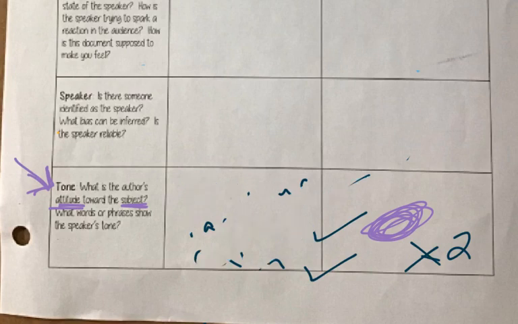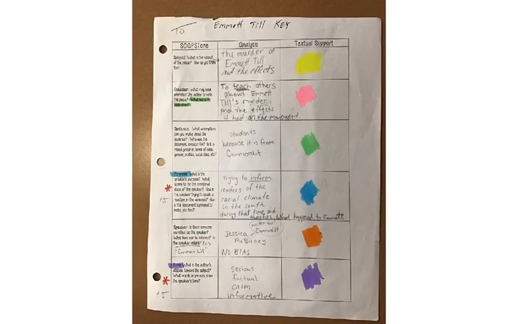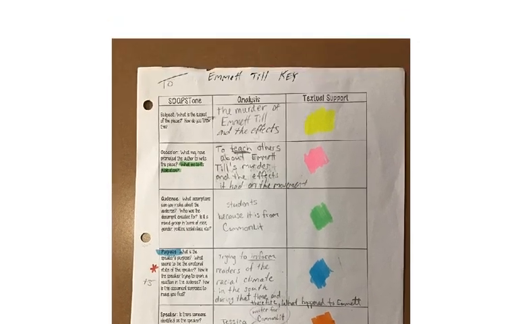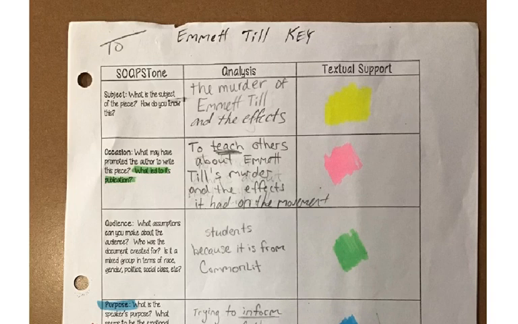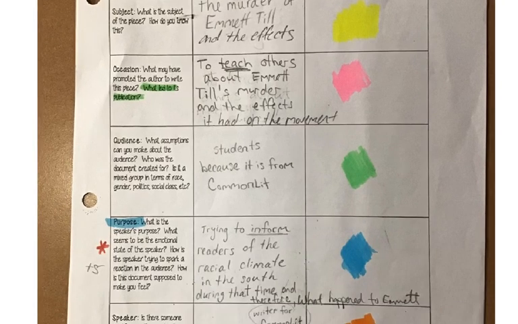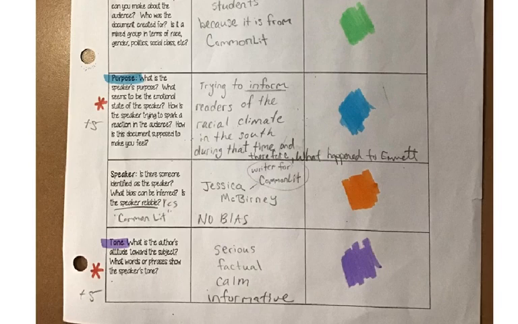We have discussed, basically, I'll show you my answer key that's in my handwriting. We have discussed the subject. This is in review. You used pink for occasion, green for audience, blue for purpose, orange for the speaker, and purple for the tone.